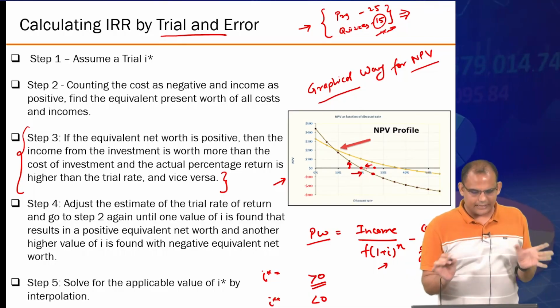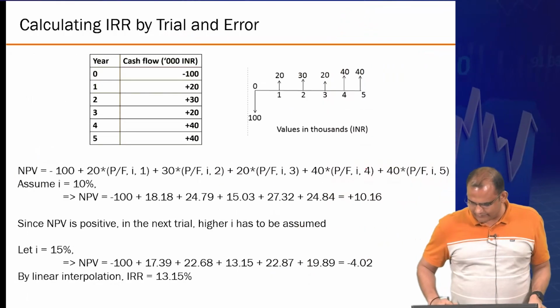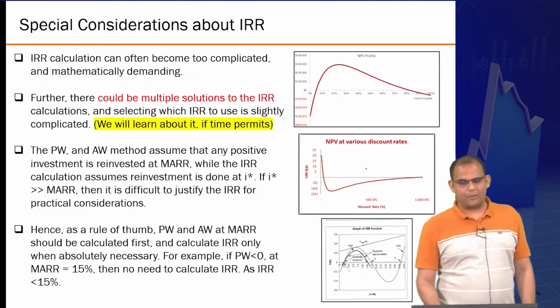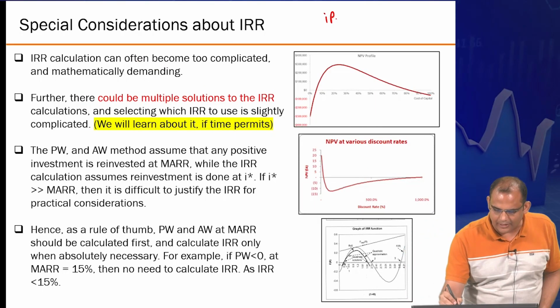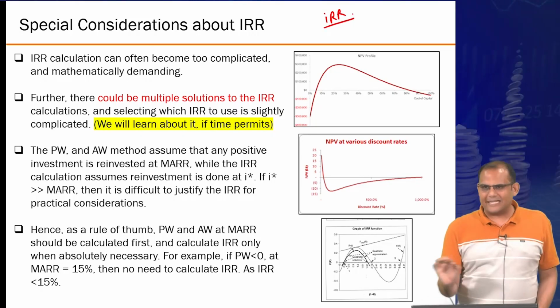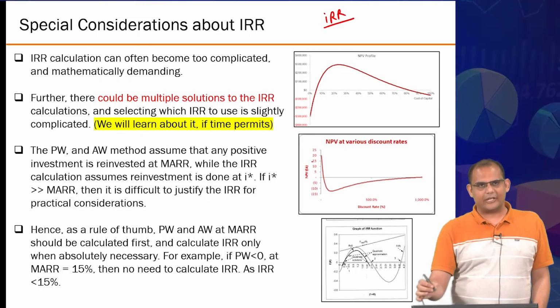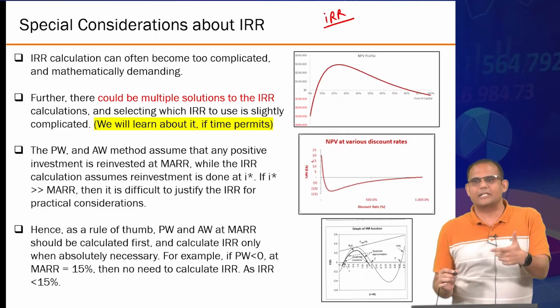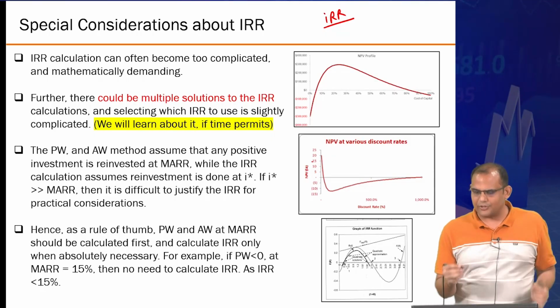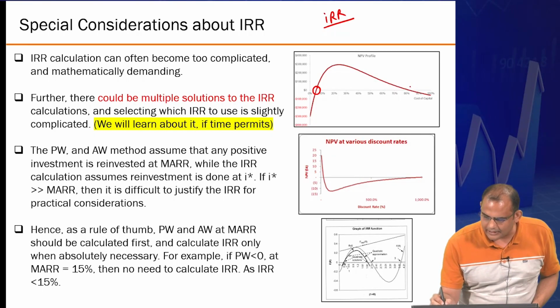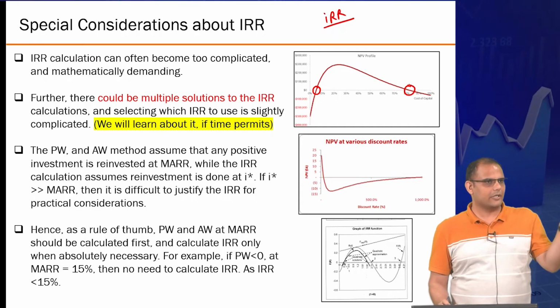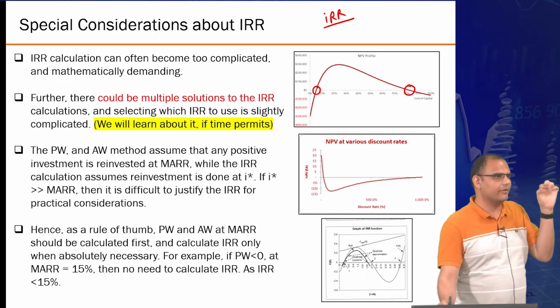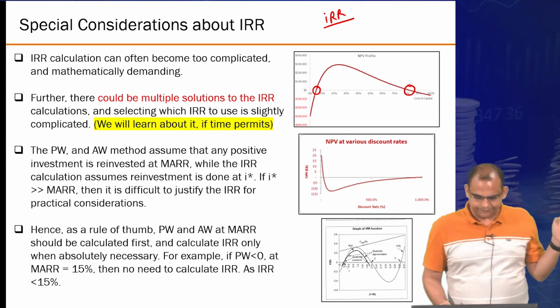This is the intuition, but I was also explaining some of the problems with this kind of approach. In general, Excel also has an IRR formula, but the best is to plot the graphical representation of NPV versus i. Once you know the distribution, all you need to estimate is the values where the curve crosses the horizontal line. That will be the i value that satisfies the equation.